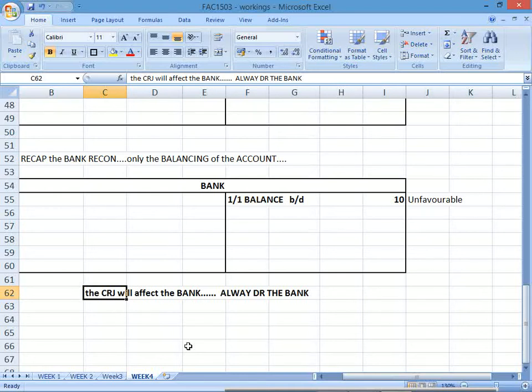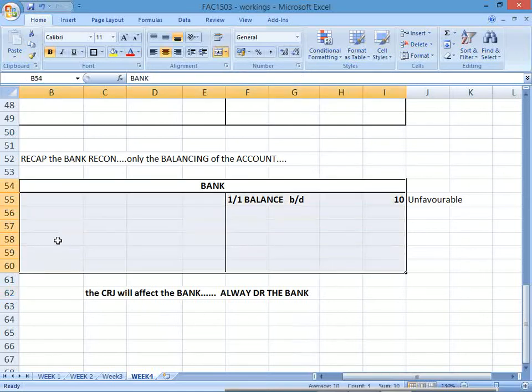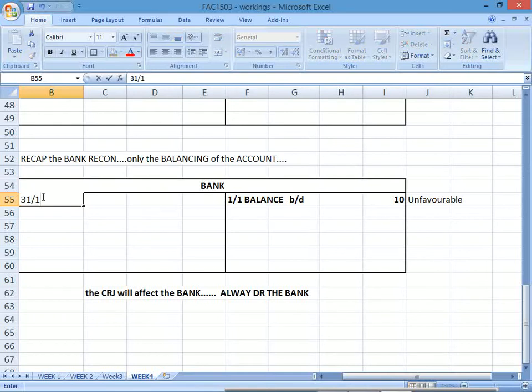If the client pays cash because you sold them something, will the bank go up? Yes. If the bank gives you interest on your favorable bank balance, will your bank go up? Yes. Okay, so all of those could be receipts. So if I have a receipt here, 31st of the 1st, total receipts. They would have come from the cash receipts journal. Let's say it was 100.